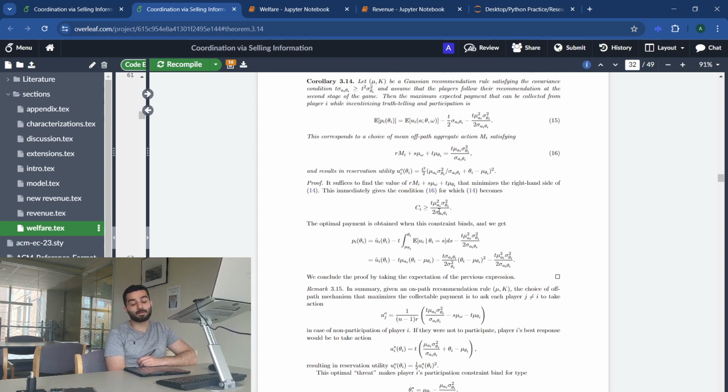That was why computing the expected maximum revenue problem was a bit more difficult. We had a ratio or hyperbolic function 1 over x in the objective function. But for optimal welfare, we don't have it.